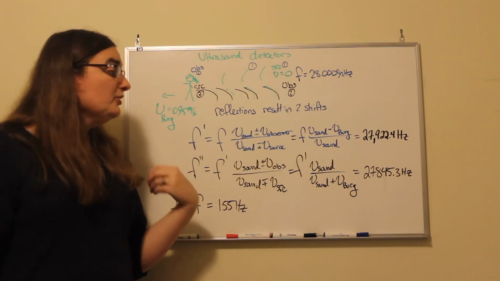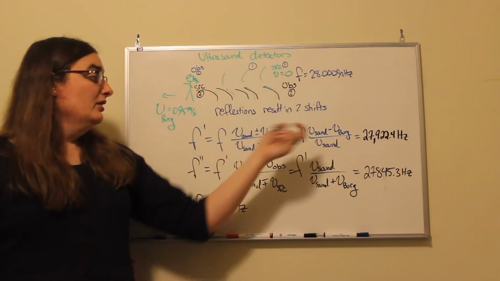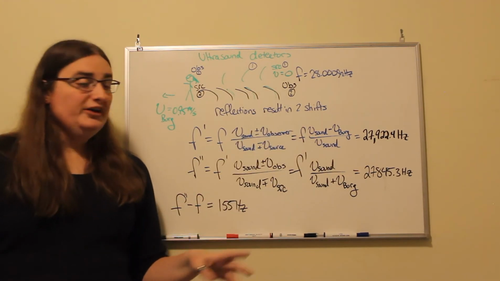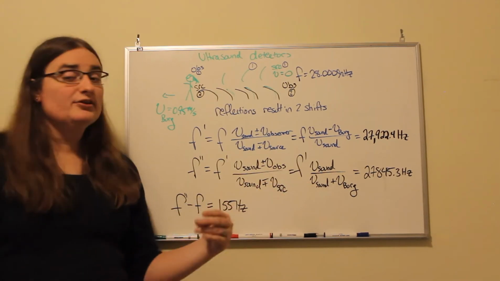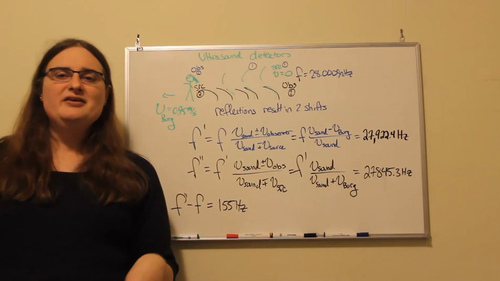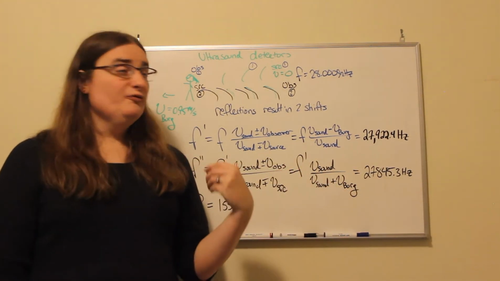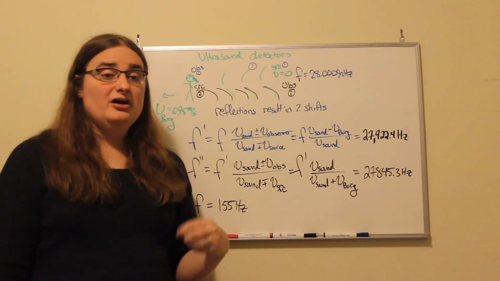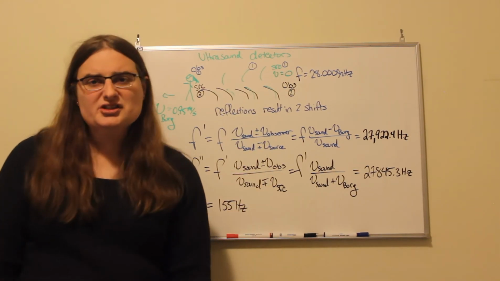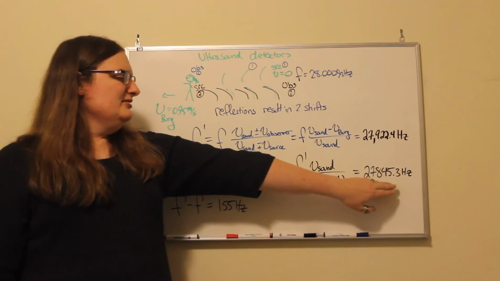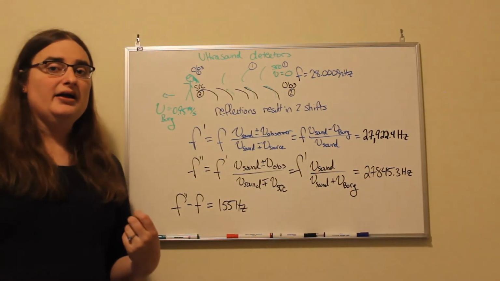So our doubly shifted frequency would be our shifted frequency of 27,922 hertz times 343 meters per second divided by 343.95 meters per second, which would give me a frequency observed by the alarm of 27,845.3 hertz.